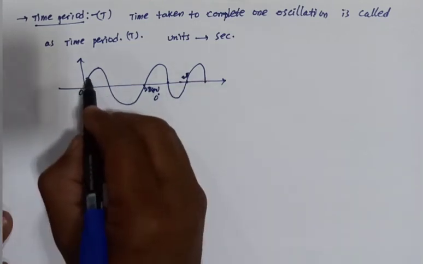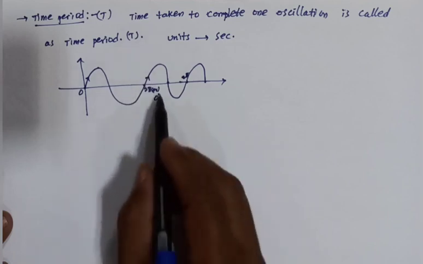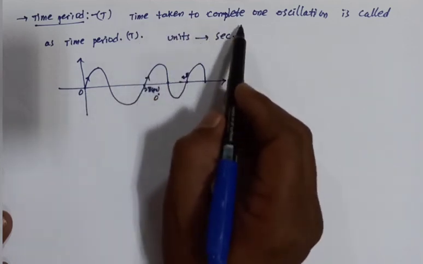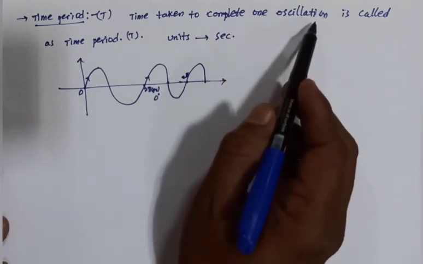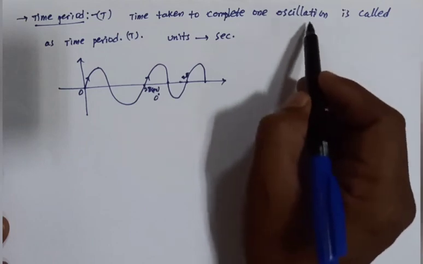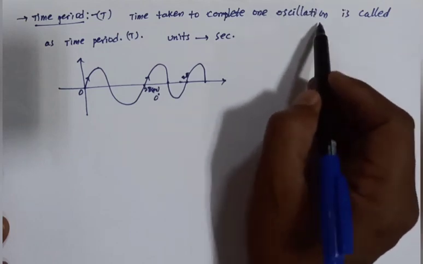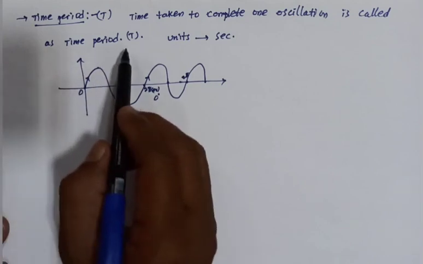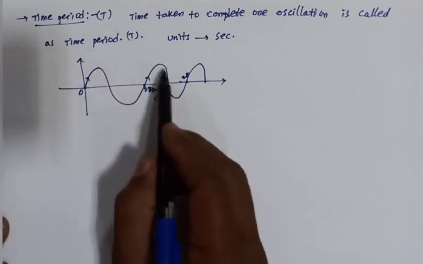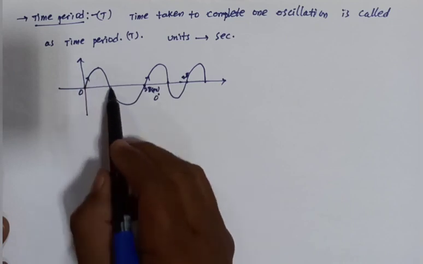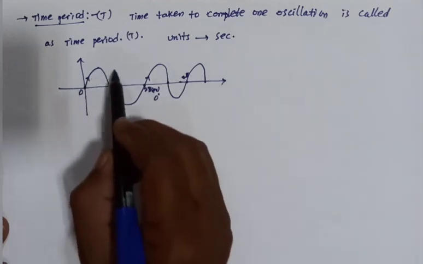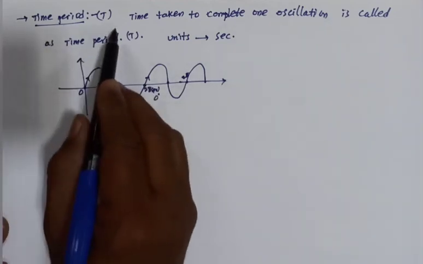So the sine wave repeats every 2 pi. The time taken to complete one oscillation, rotation or cycle, from this point to this point, is called the time period. Okay, it repeats.